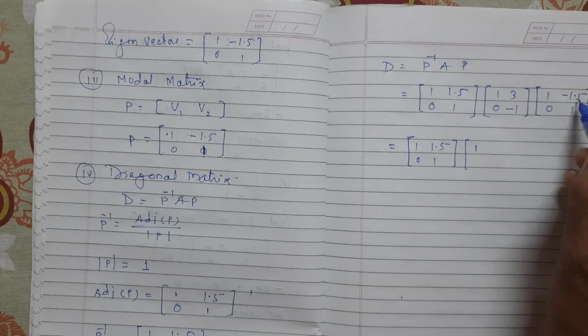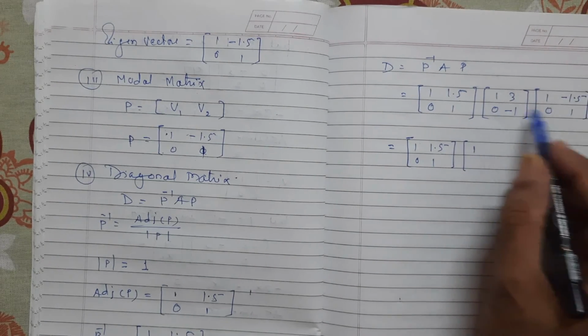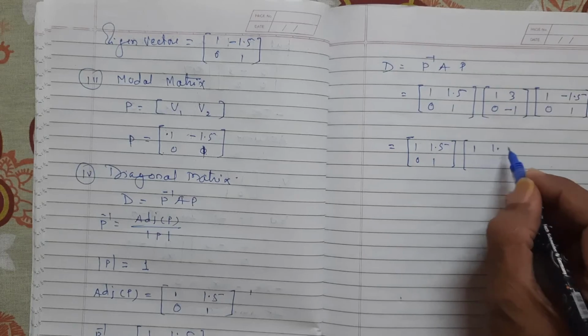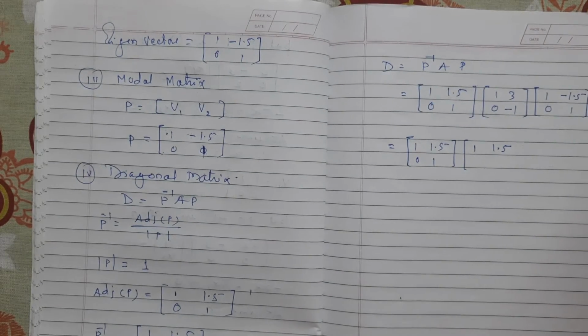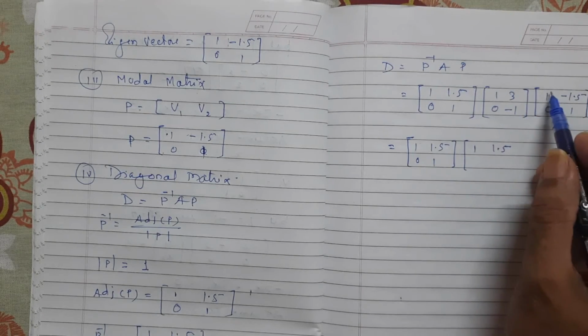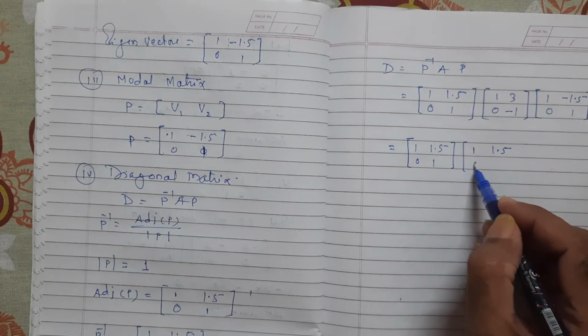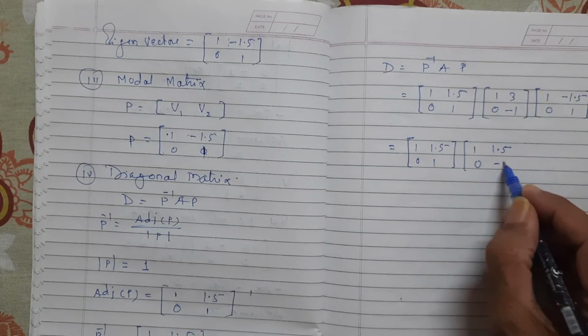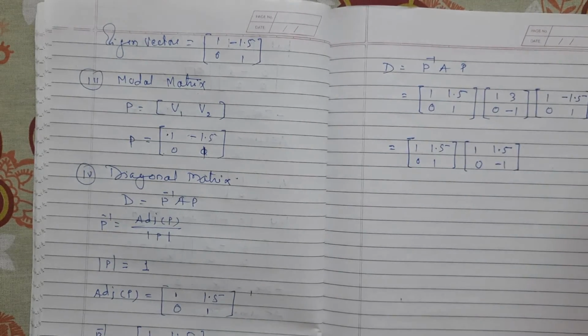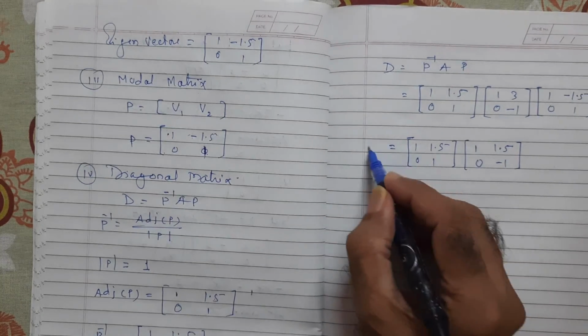So 1 into 1.5 that is minus 1.5 plus 3. So this becomes 1.5, and here is 0 and here is 0. 0 into 0 that is 0, minus 1 into 1 that is minus 1. So this is my D.